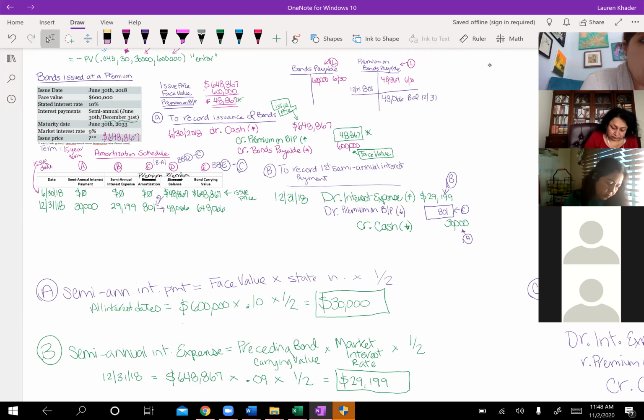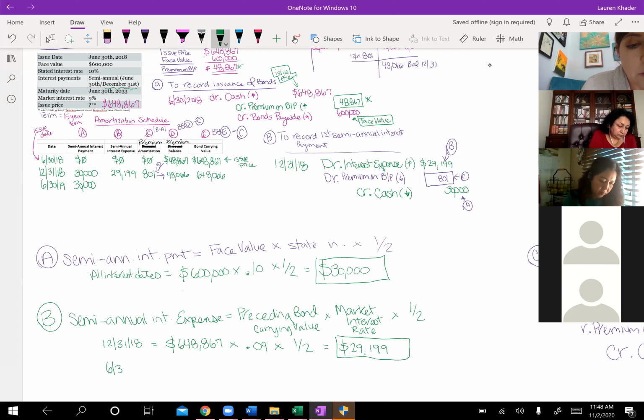For the next date, it's 6 months later, June 30th, 2019. We still pay out the same amount of interest, $30,000. You will need to do a calculation for interest expense. So June 30th, 2019. What is the preceding bond carrying value? $648,066.